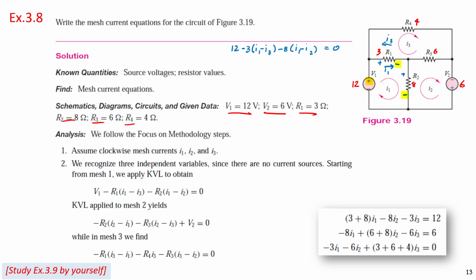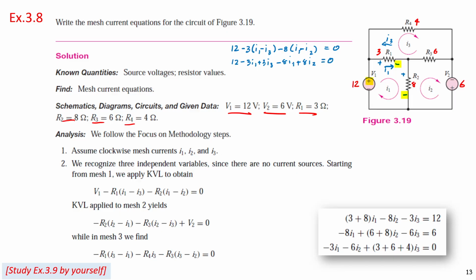So we can rearrange this equation, and then we get minus 3I1 plus 3I3 minus 8I1 plus 8I2 equal to 0.